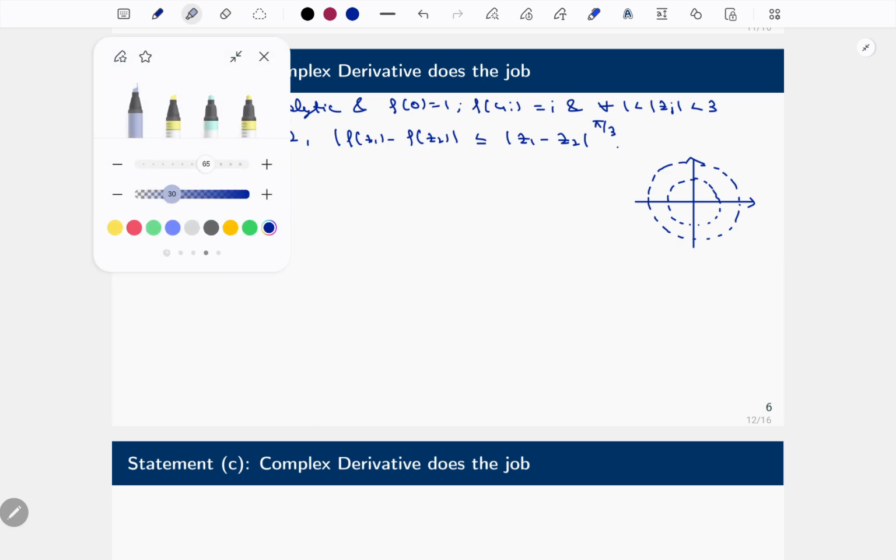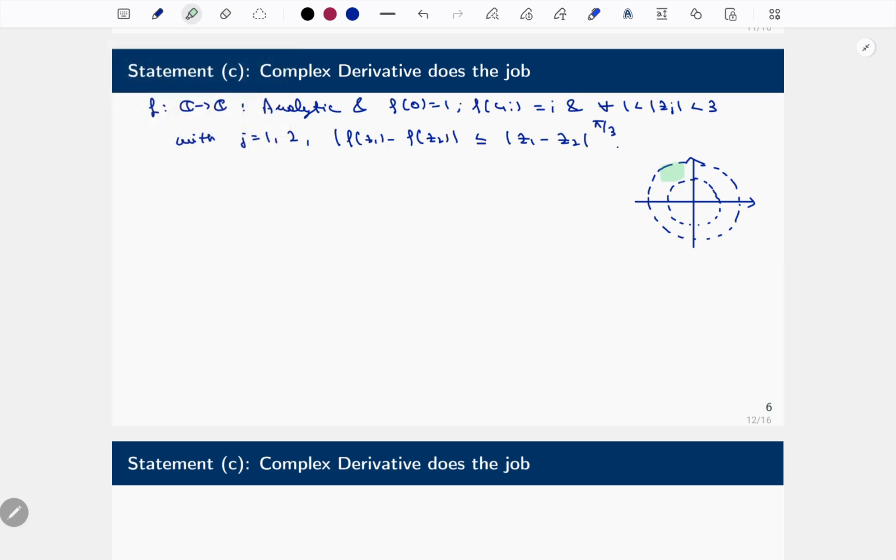My zj's come from this annular region. This annular region is a connected set. It's clearly visible to be an open set. So it's a connected domain, and you need to be very specific about the word connected. We'll see why.